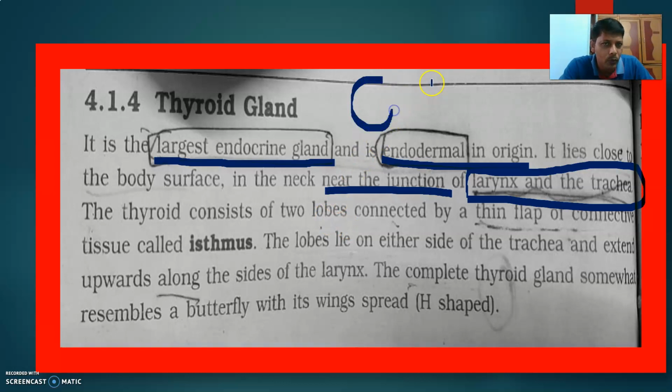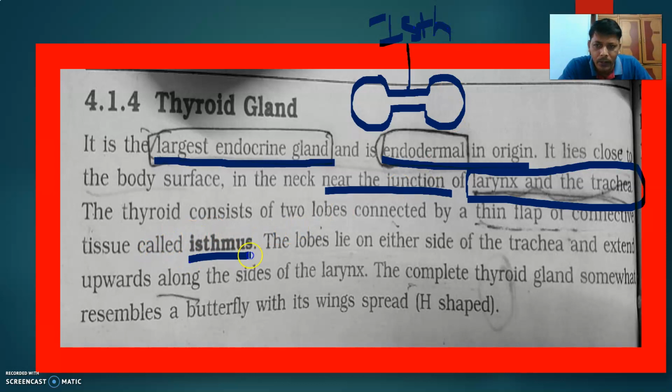Imagine this is one lobe and this is the other lobe. These two lobes are joined by a thin flap of connective tissue called the isthmus. Here you can see the isthmus.